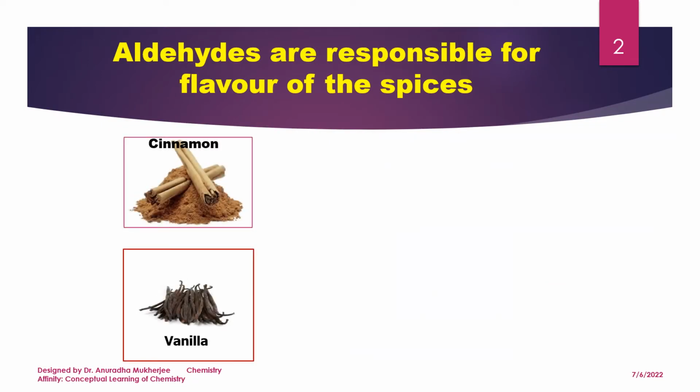So here I have taken two examples. One is cinnamon and the second one is vanilla. Both are very popular flavoring additives. Cinnamon is a spice we use as a flavoring additive for different kinds of dishes.